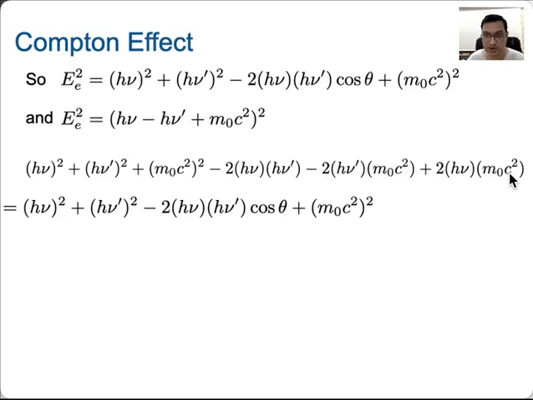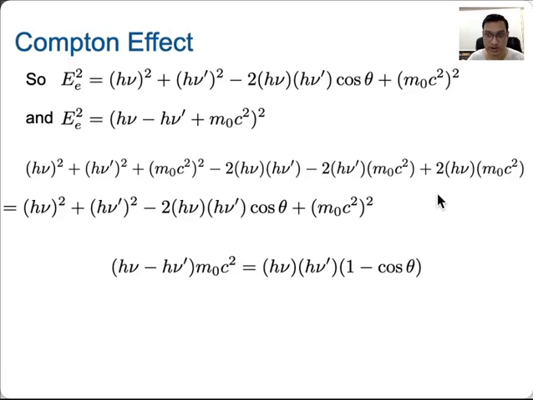So we can take 2m0c² out, and then we can say hν and hν′ with a minus sign. This is what I told you, that this is what we have got. If you simplify by yourself, you see that (hν − hν′) times m0c² is coming out from this equation, and this is coming out from this equation, and I have taken this 2 times hν′ along with this one, so I can write 1 minus cos θ, and the 2 gets cancelled out. So this is what I have got.